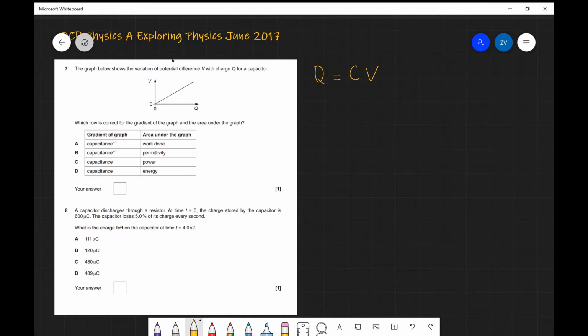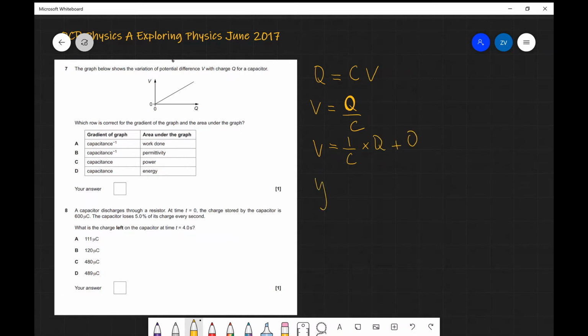In order to perform y equals mx plus c analysis, what we need to do is rearrange for whatever is on the y-axis. In this case, this is V. So just rearranging for V, we get that V is equal to Q over C. Another way of writing this is that V is equal to 1 over C multiplied by Q plus 0.